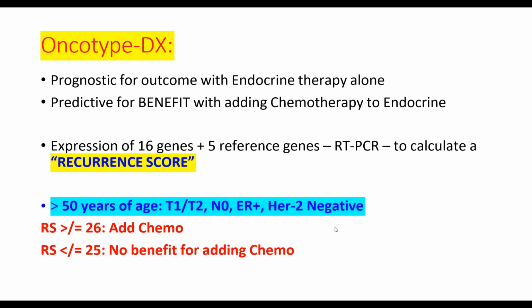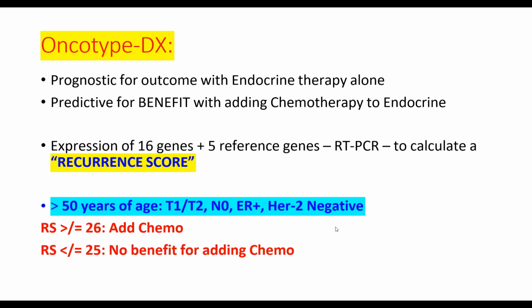We call a factor a predictive factor when the presence or absence of that factor will indicate whether that particular tumor will respond to a particular treatment. So, for example, the presence of hormone receptors in breast cancer is predictive of response to endocrine therapy, whereas the absence of hormone receptors is predictive of absence of response to endocrine therapy.